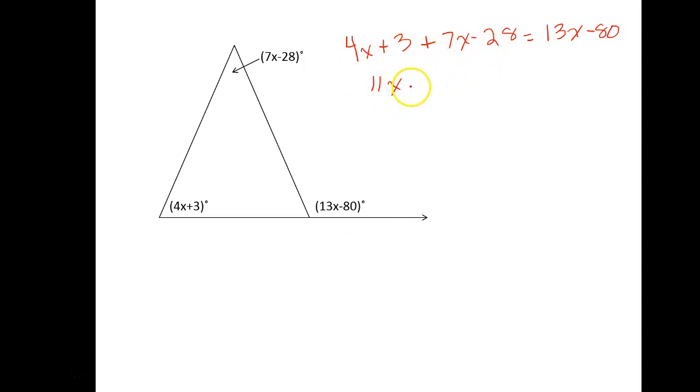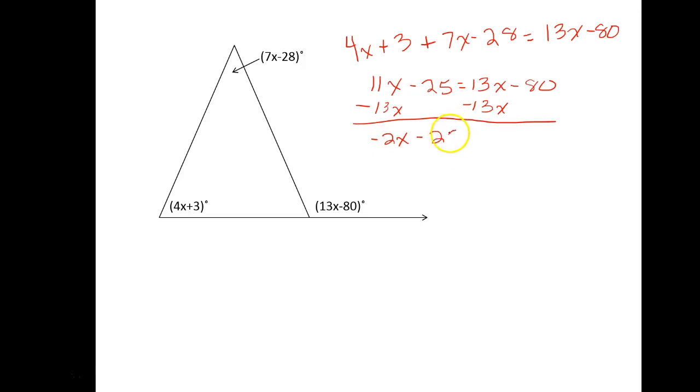Positive 3 and negative 28 is negative 25, equals 13x minus 80. Let's subtract 13x from both sides, only because I want to leave my variables on the left. 11 minus 13 is negative 2x minus 25 equals negative 80. These cancel, so I just brought my negative 80 down.